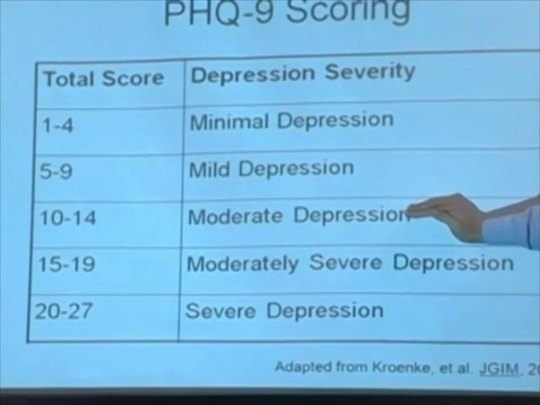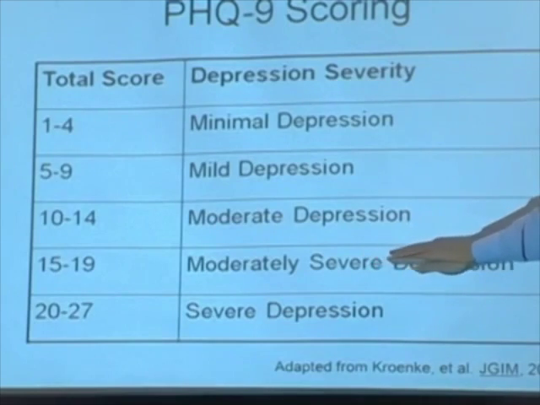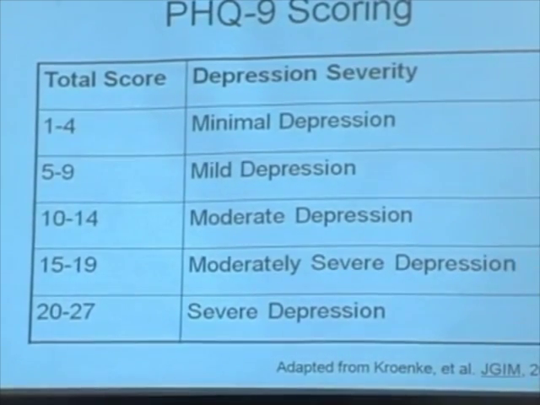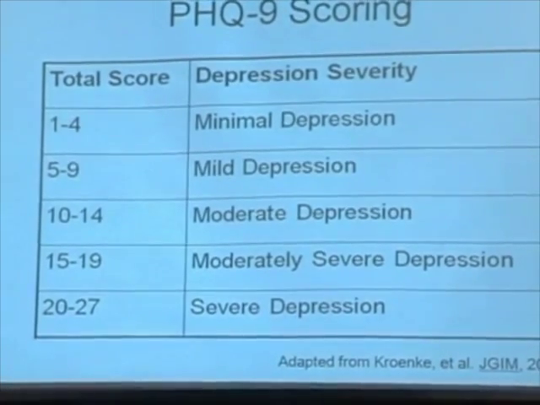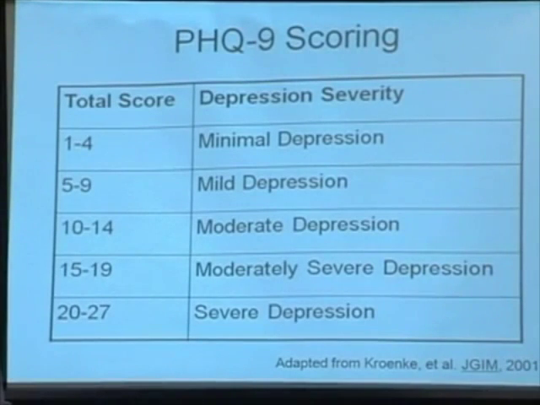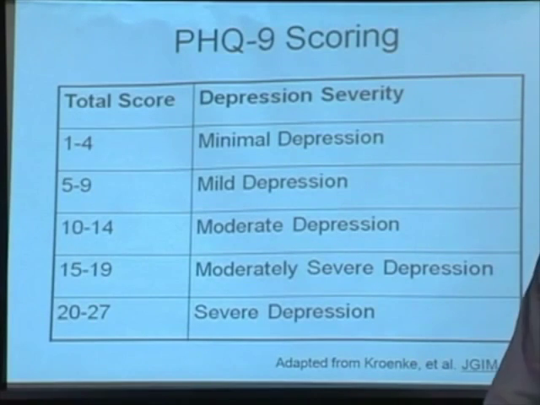If somebody's scoring 10 to 14, we would say that's moderate depression. Somebody scoring 15 to 19 would be moderately severe depression. So just like that example from the prior slide, that person scored a 15. We would say that person might be moderately severe depressed. And anybody scoring over a 20 would be considered severely depressed.